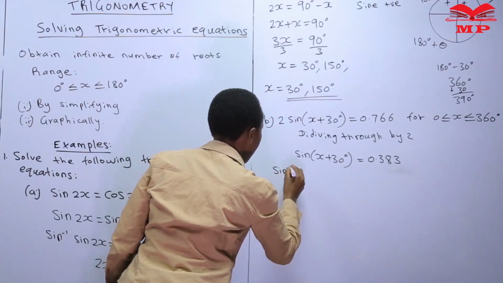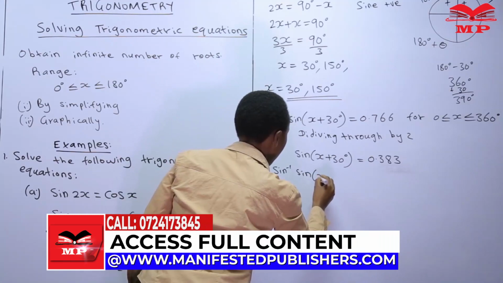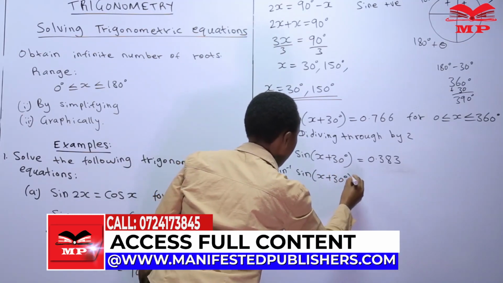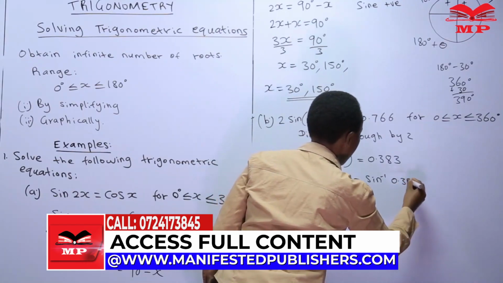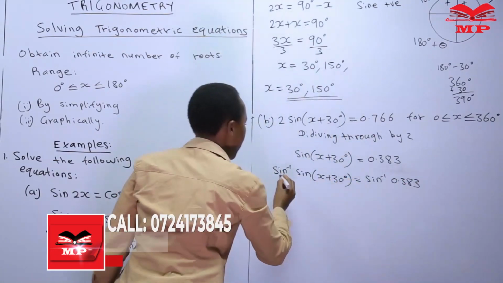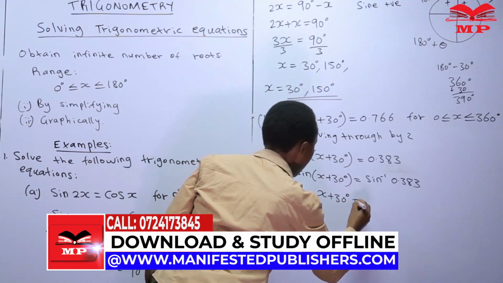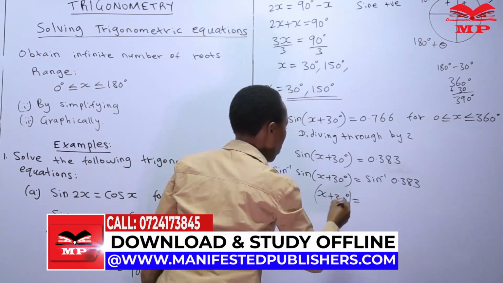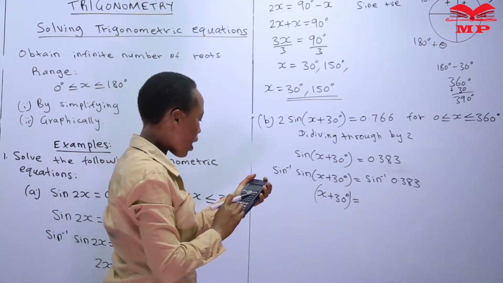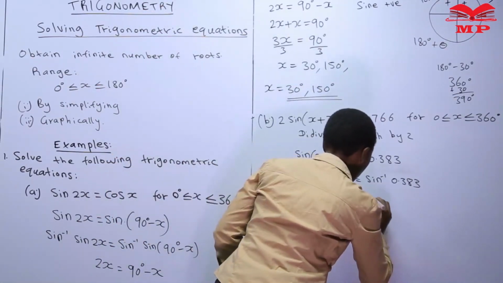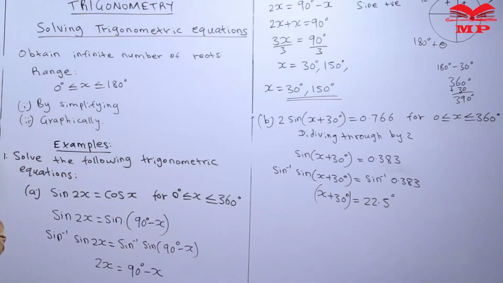So we get the sine inverse of sine (x plus 30 degrees) is equal to the sine inverse of 0.383. So in this case, we end up getting x plus 30 degrees is equal to the shift sine of that answer, which is 22.5 degrees.